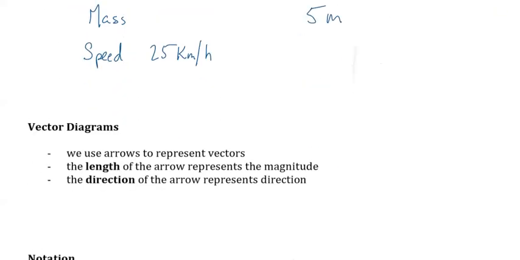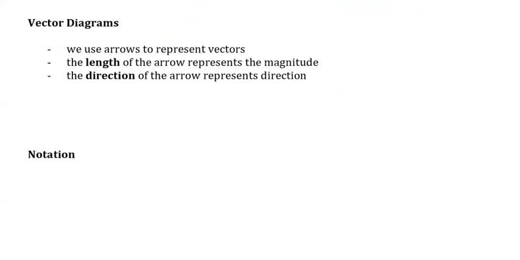When we do vector diagrams, which we will do some of, I would wonder if any one of you might end up in a program where you end up doing a lot of scale diagrams, and vector diagrams sometimes are drawn to scale. We used to do more of this. We don't do as much anymore. But with vectors, when we're doing a diagram, we use arrows to represent them.